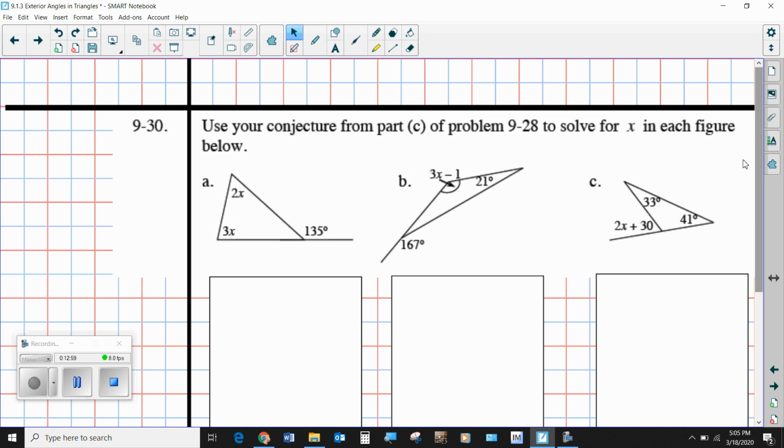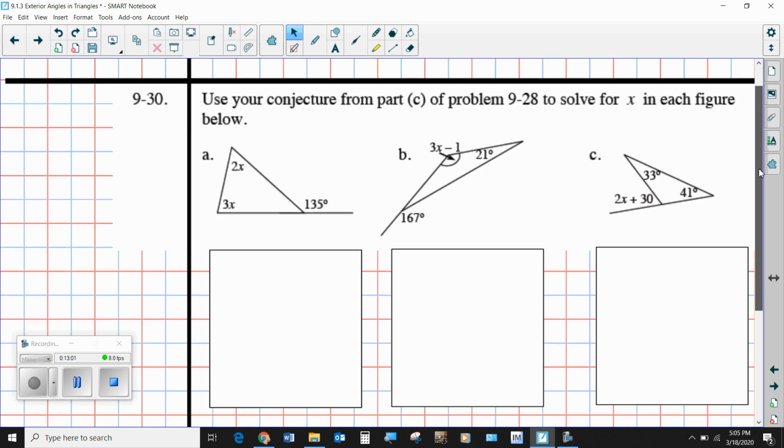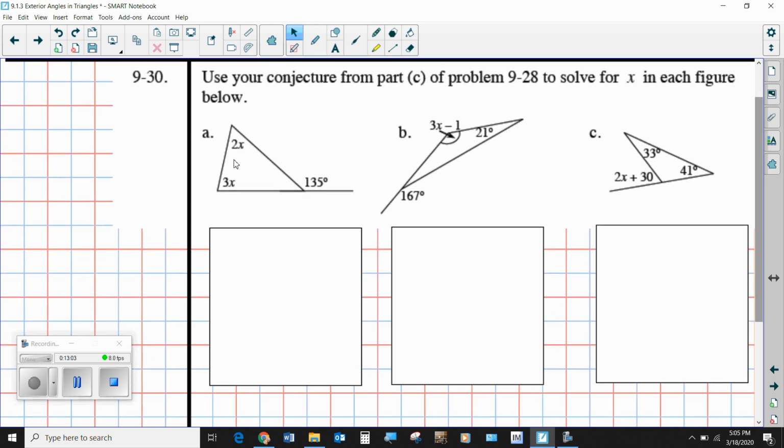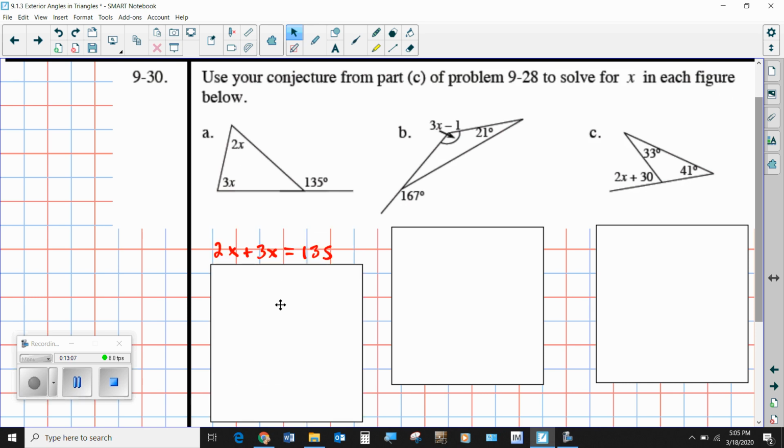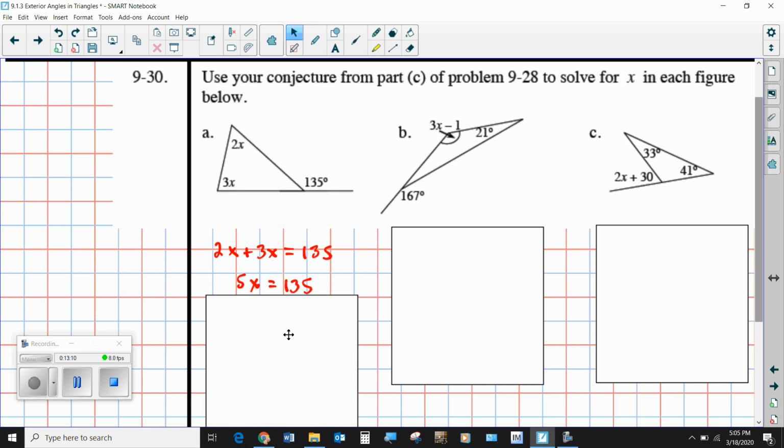Okay, you're back. Hopefully you took the time to work through all of these problems. Let's look at triangle A. So triangle A, these are the remote interior, so the sum of these two is going to be equal to 135. So that means that 5x is 135, and our goal is to figure out what 1x is equal to. So let's go ahead and divide each side by 5, and you should have gotten x is equal to 27.